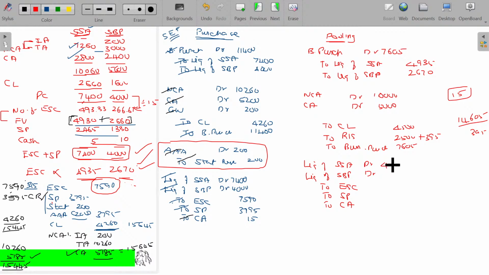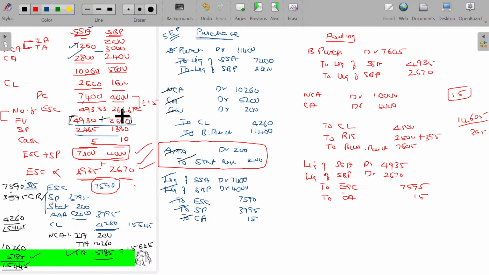So this value being 4,935, 2,670, equity share capital being how much? You have to add up these two. 7,595. We don't have the securities premium here, so we cancel, right? To current assets, 15.